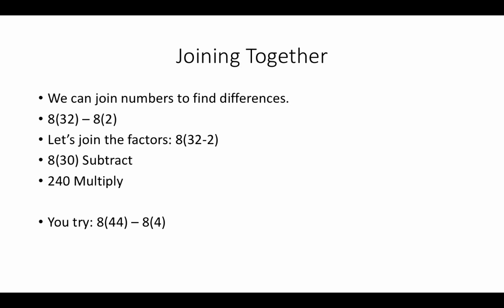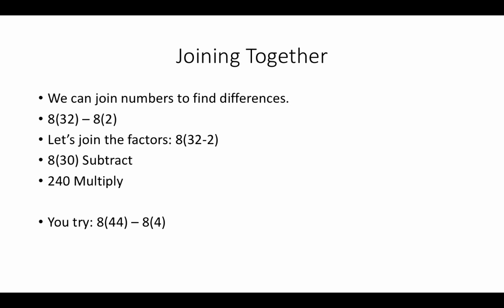So here's where we actually can join together and find differences. So I want you to look and see how we have 2 sets of parentheses, and we want to join them together and put that information into one set of parentheses. So I have 8 times 32 minus 8 times 2. Can you tell that the 8 is the number that is being distributed?